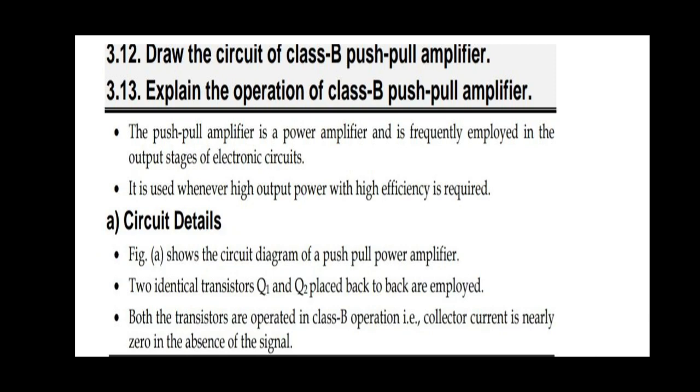We know the efficiency formula, eta equal to 2 times V max minus V min into I max minus I min by 8 VCC ICQ. Substituting 2 VCC and 2 ICQ, 2 into 2, 4 VCC ICQ by 8 VCC into ICQ into 100 equal to 50%. So the efficiency of the class A power amplifier with transformer load is 50%.